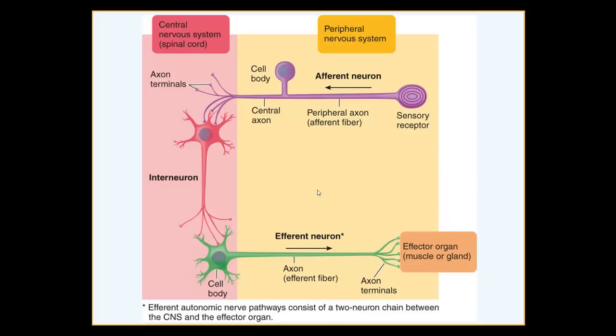So for simplification, here is just a very simple circuit. This is an afferent neuron, a sensory receptor that's carrying some information to the central nervous system, and in this case it would be the spinal cord, for example.